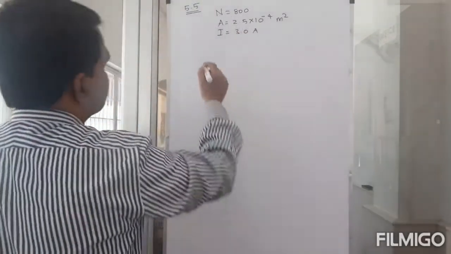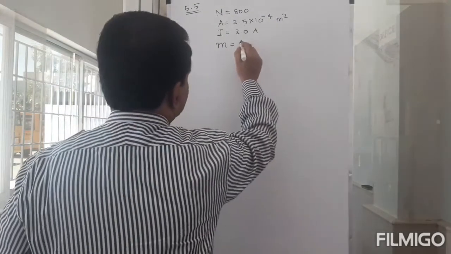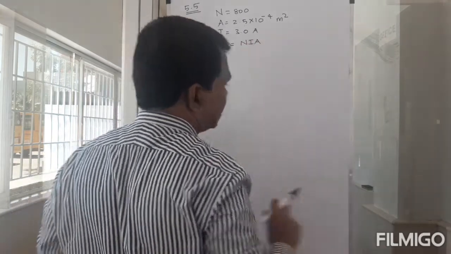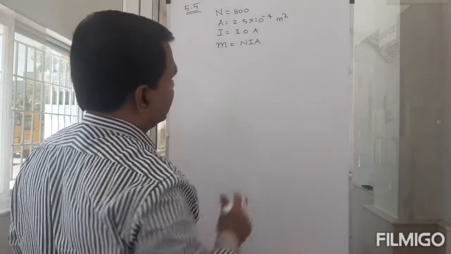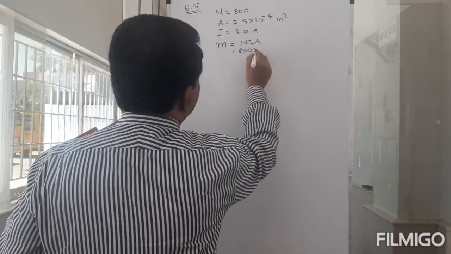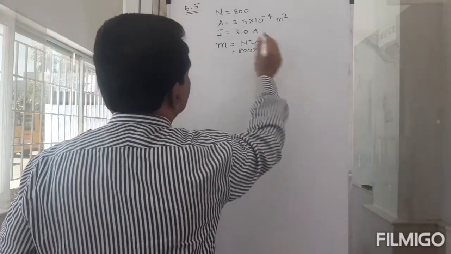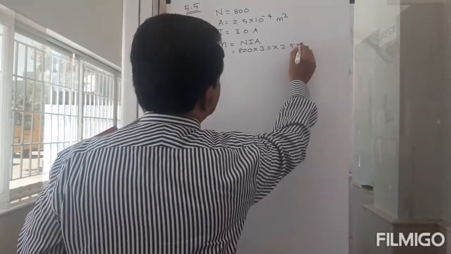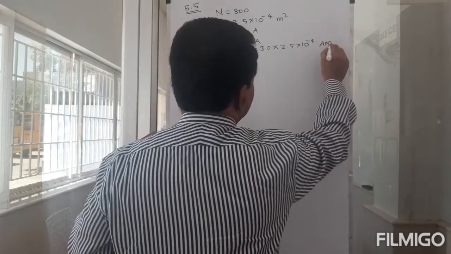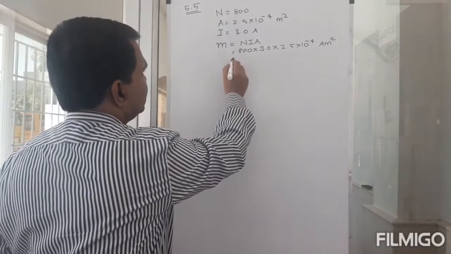We know it. So what is that? Magnetic moment M of a solenoid is given by NIA. So this is going to be equal to 800 into I, which is 3.0, into A, which is 2.5 into 10 to the power minus 4. It's going to be in ampere meter square.